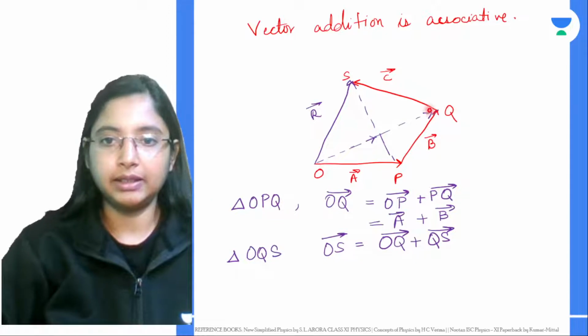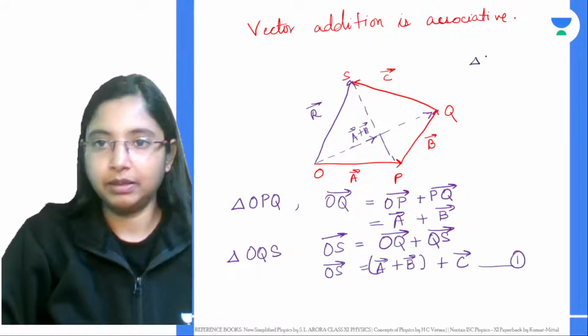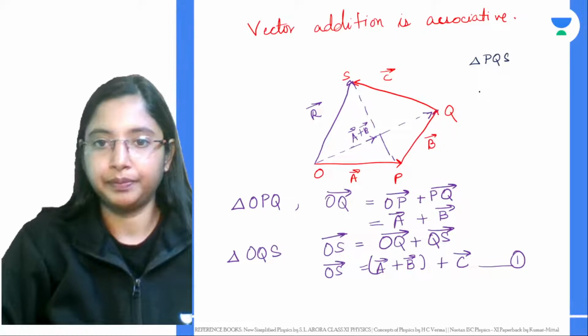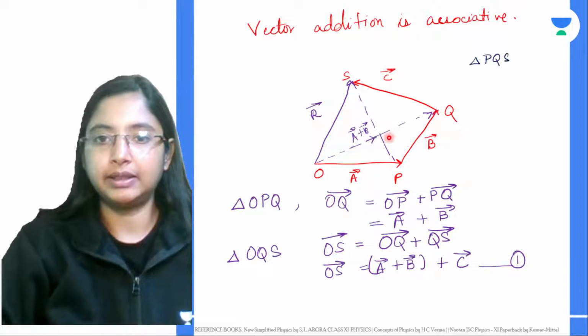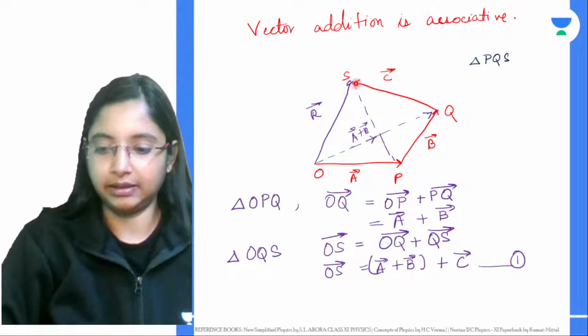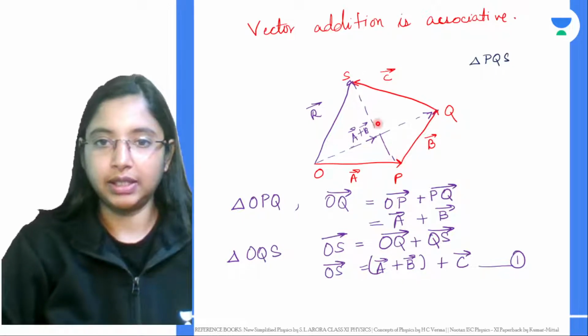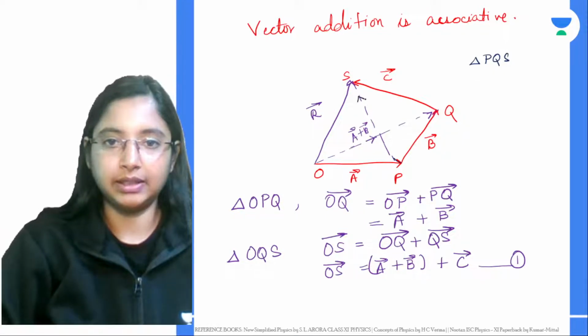In this part of the triangle, this vector from the initial to the final point is equal to this vector PQS. We are going to consider the triangle PQS. Here this is the starting point, it ends here, and from there the other vector starts and ends here. So the vector starts at this point and ends at this point. This vector is in this direction.